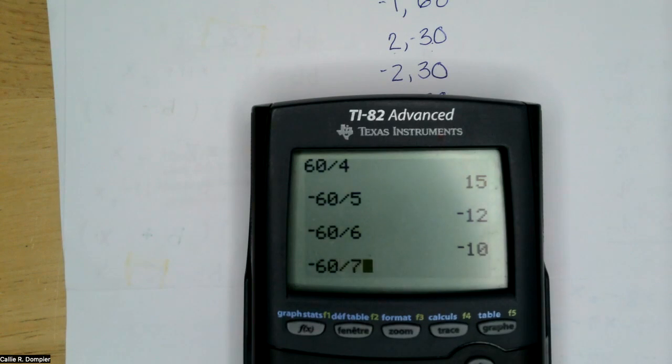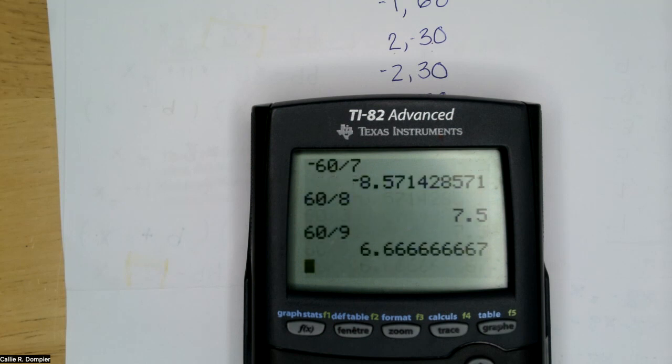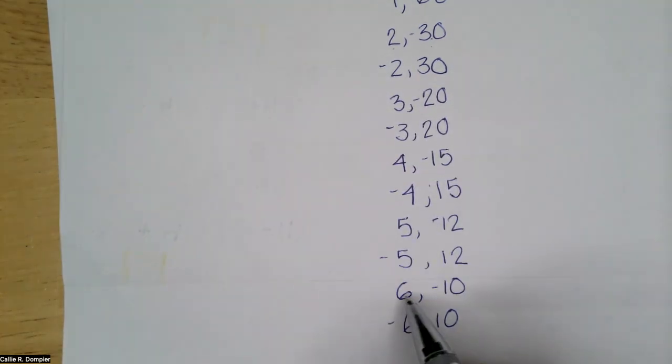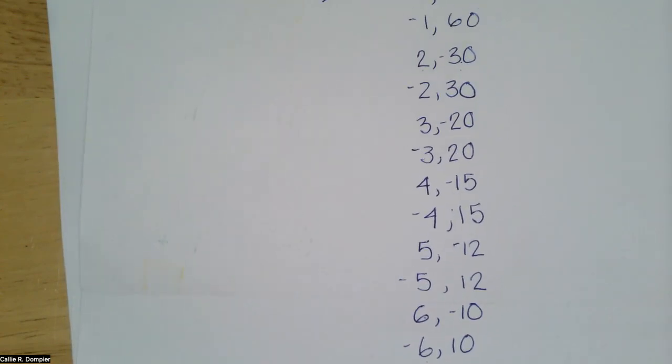Negative 60 divided by 7, no. Negative 60 divided by 8. 60 divided by 9, no. 60 divided by 10, and we're back to the bottom of the list, right? So 6, 7, 8, 9, we're not viable, and then we got 10, so we know these are all our factors. There's so many, can't even put them all.